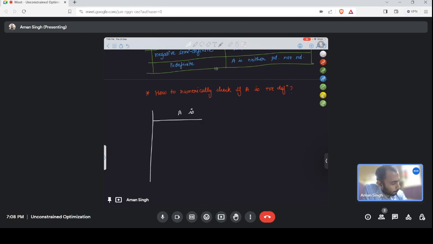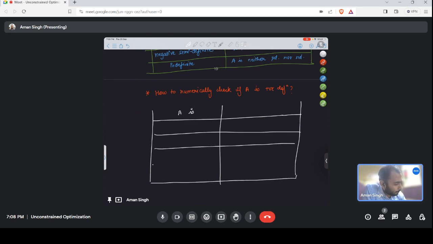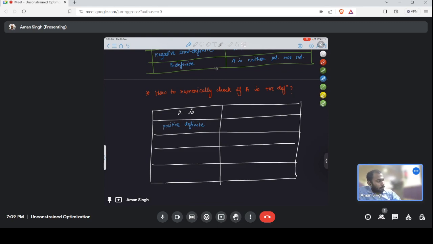We'll have the same tabular format. A is positive definite if, and it turns out that these are related to their eigenvalues, if and only if all the eigenvalues of A are positive.